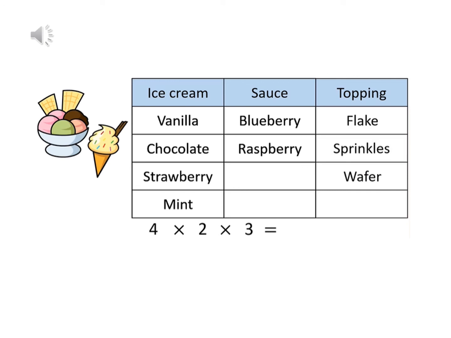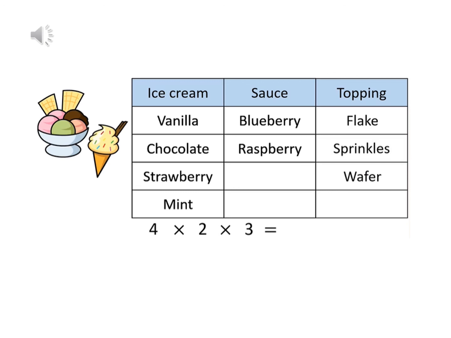So there are 4 different kinds of ice cream. So in our calculation, we need to have a 4. We're going to multiply that by the number of sauces, and there are 2 sauces.